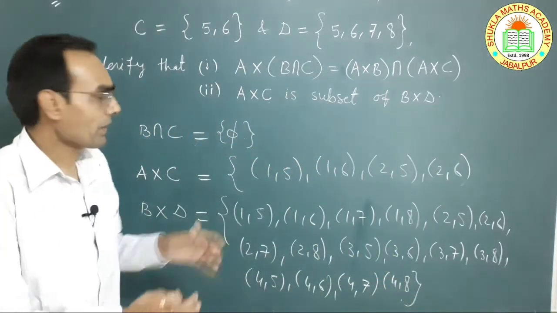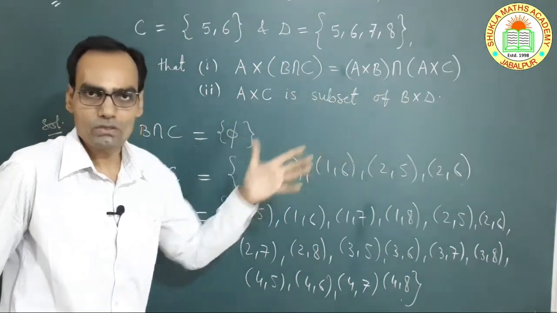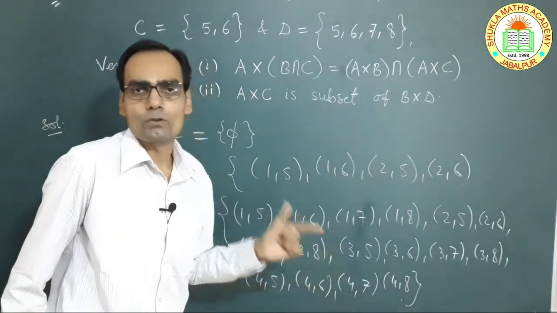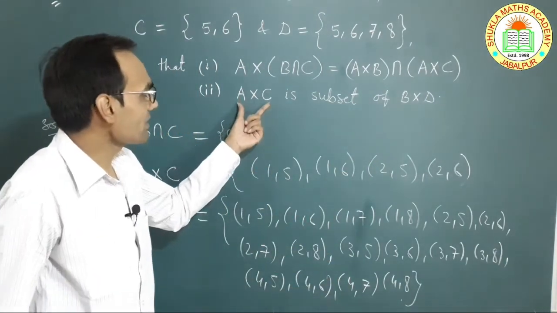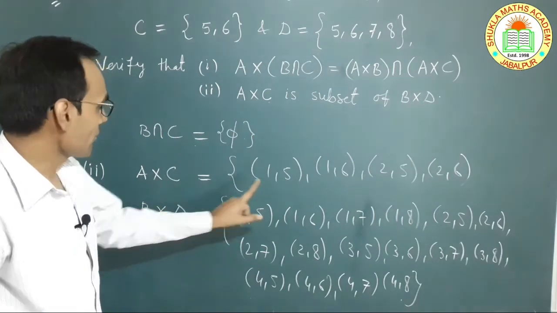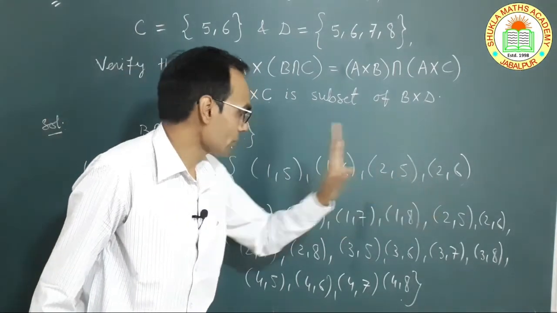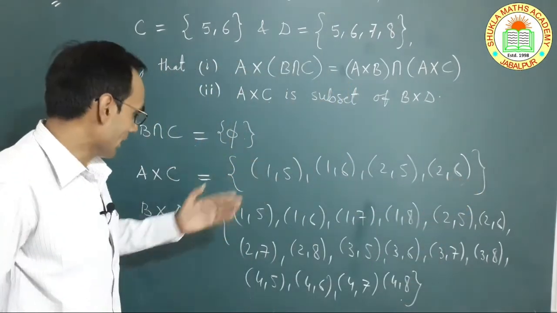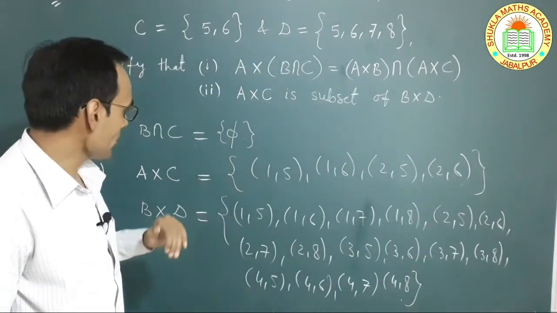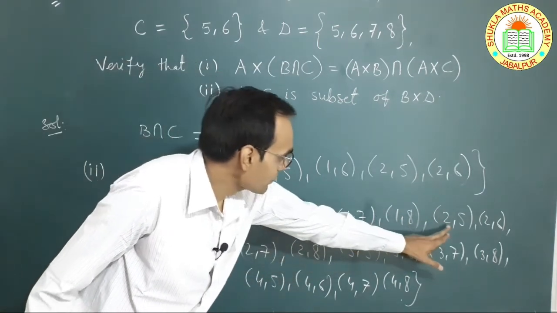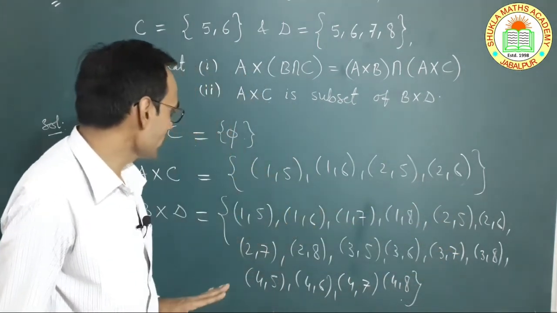And now we have to prove A × C is a subset of B × D. If all the elements of A × C are in B × D, then we can say that A × C is a subset of B × D. So see that A × C is {(1,5), (1,6), (2,5), (2,6)}, and close the bracket here. So clearly, all the elements of A × C are in B × D: (1,5) is here, (1,6) is here, and (2,5) is also here, and (2,6) is also there, right?